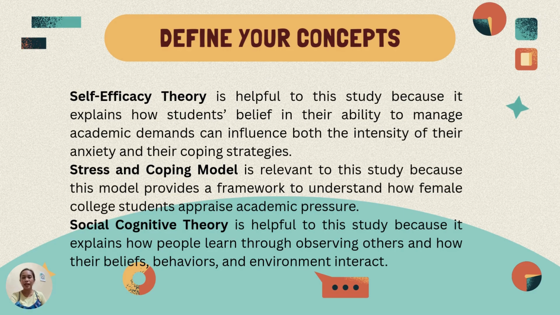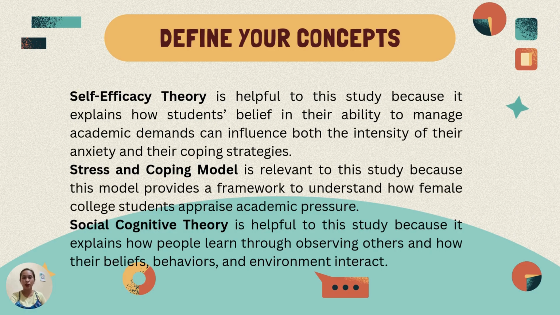Self-efficacy theory is helpful to this study because it explains how students' belief in their ability to manage academic demands can influence both the intensity of their anxiety and their coping strategies. Stress and coping model is relevant to this study because this model provides a framework to understand how female college students appraise academic pressure.